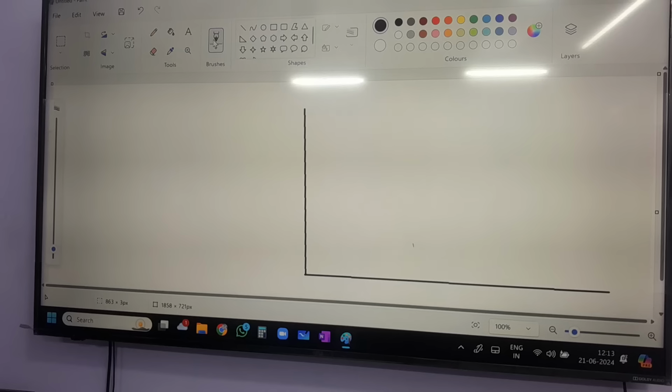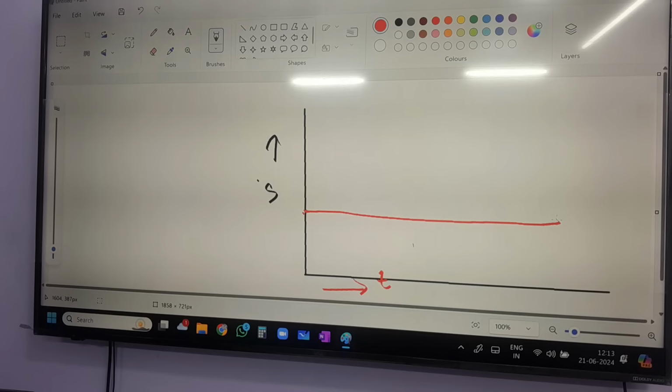Now, for this one, let's say the y-axis is presented by displacement, and this x-axis is time. Let's say the graph is like a straight line graph. So, what will this graph present?